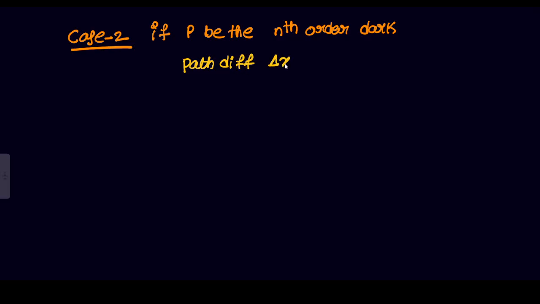The path difference delta x is equal to (2n minus 1) into lambda by 2 to have a dark.